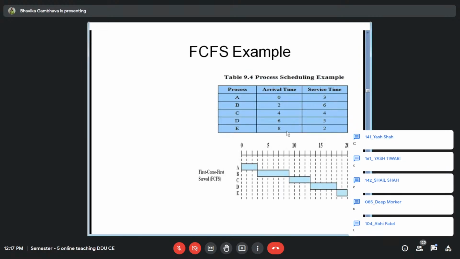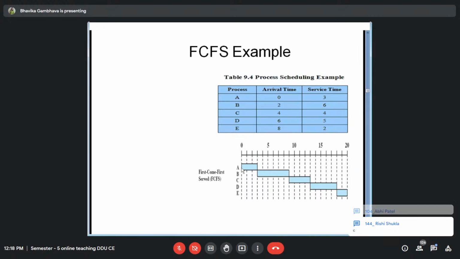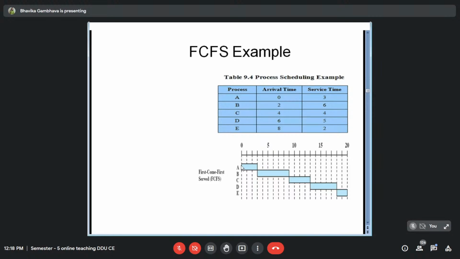So it is something like this. Okay. This is our table: at 0 time A came, then for 3 it is available. Then B takes 6. So here it is 6. These are just units 5, 10, 15 to give us a rough idea where we have reached. So at 9, B is completed and C will be started.